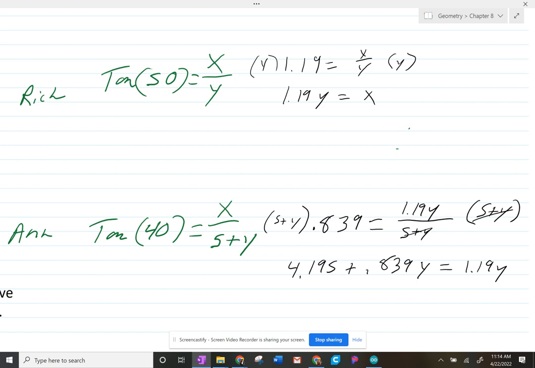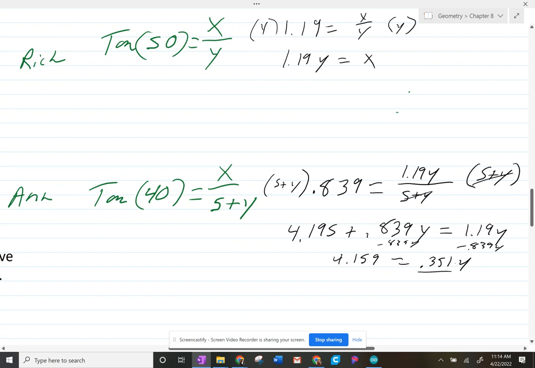So I've got 1.19 minus 0.839. So I'm showing you what I did. So I got this equals 0.351y.